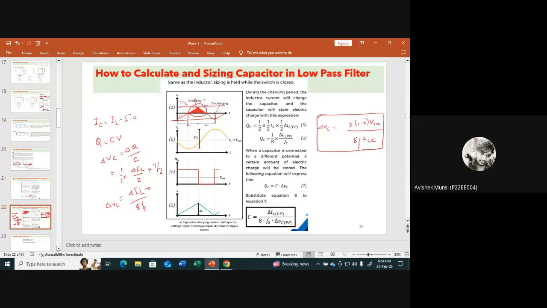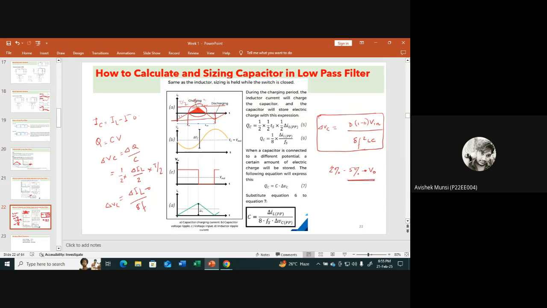But if you go through any data sheet or application note from Texas Instruments or Analog Devices, we can see that basically we choose delta VC. They don't have so much time to calculate the capacitor all the time. So they consider it as 2% to nearly 5% of V0.